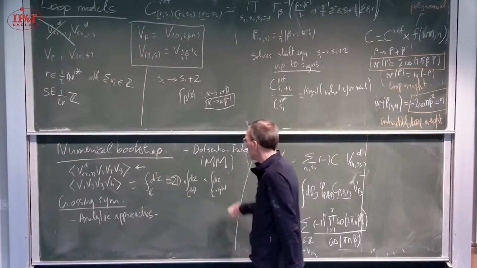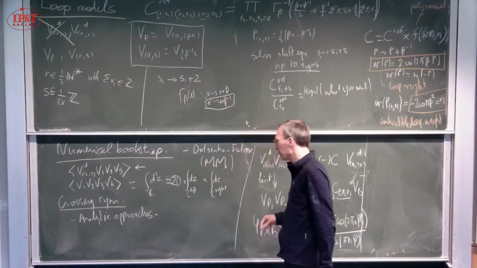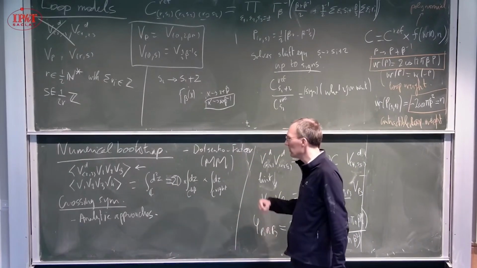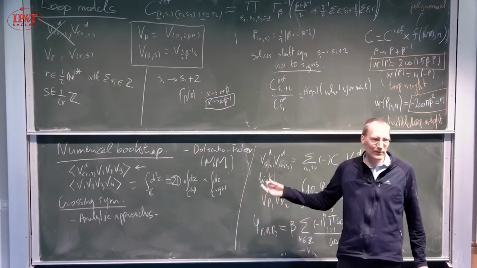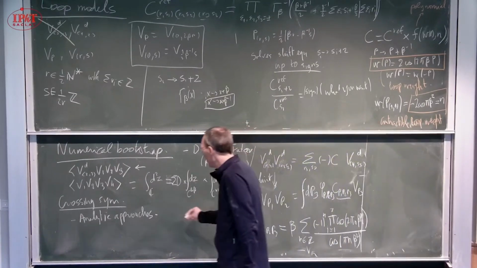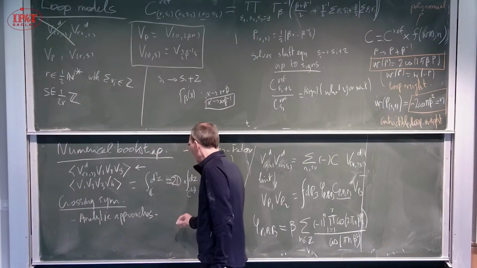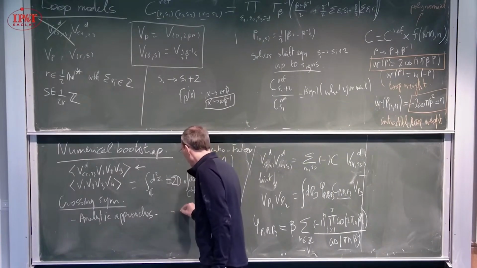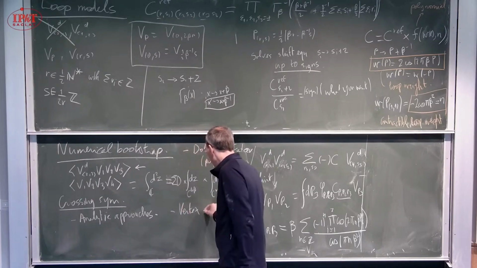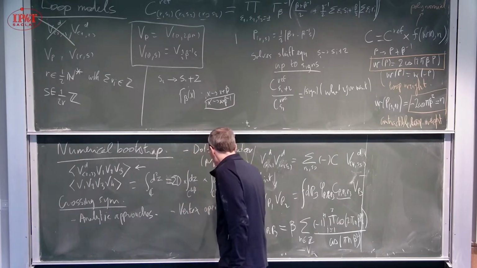That works for minimal models, but it wouldn't work for Liouville theory, for example, or not generically, maybe in some special 4-point function in Liouville theory, but not for all 4-point functions. So in Liouville theory, you need to do something more complicated, and you can build Liouville theory as some perturbed free boson in a vertex operator algebra approach.